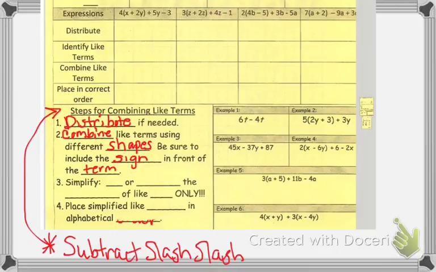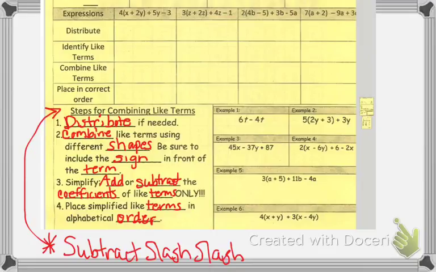And then finally you simplify. You either add or subtract the coefficients of the like terms only. And then it's a good habit to get into, place simplified like terms in alphabetical order.